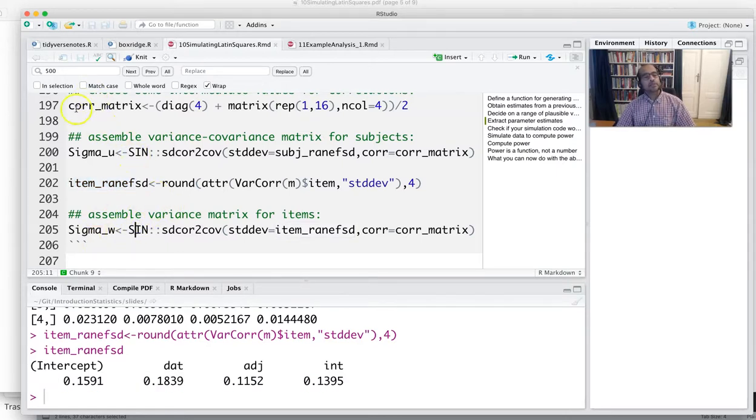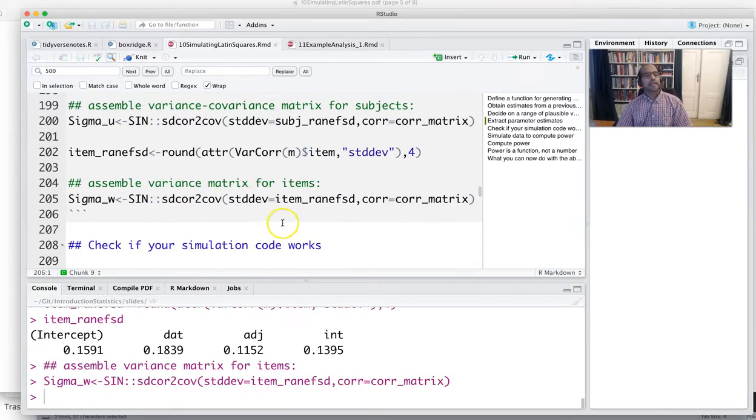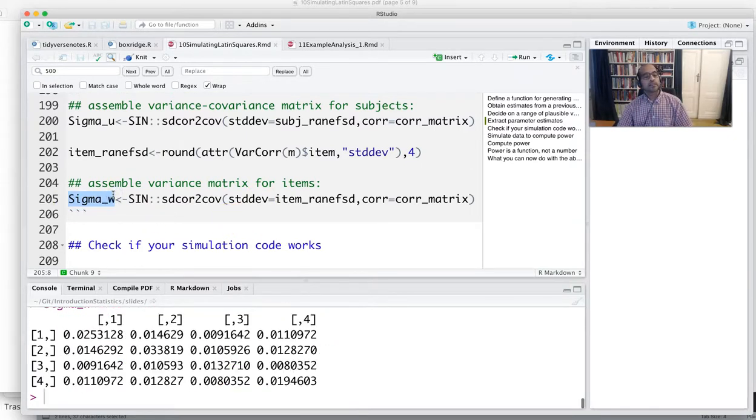I take the same correlation matrix just because it's an intermediate set of values. It's a reasonable starting point. And I produce the variance covariance matrix for the items as well. So these are the pieces of information that will go into simulating the data now in a 2x2 design with a Latinsquare design.